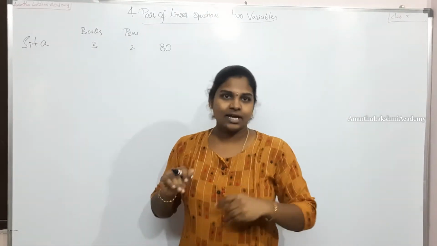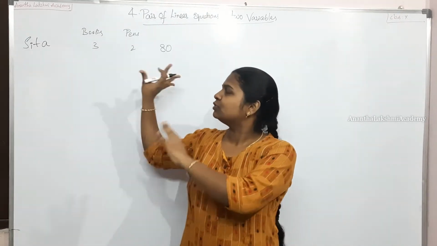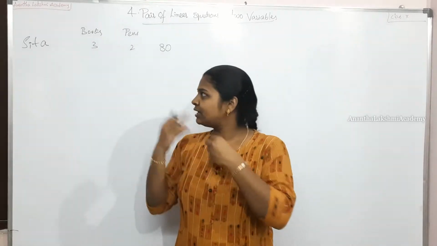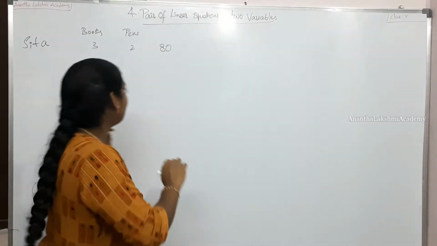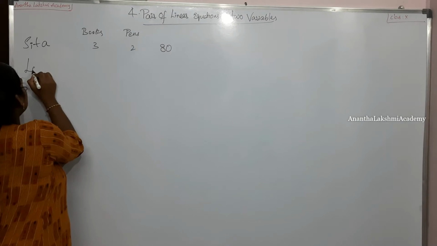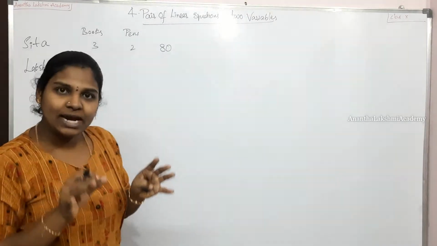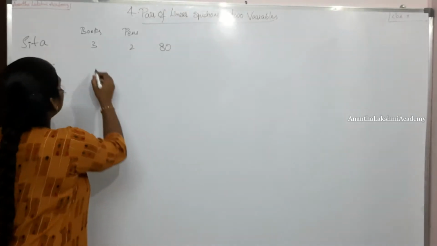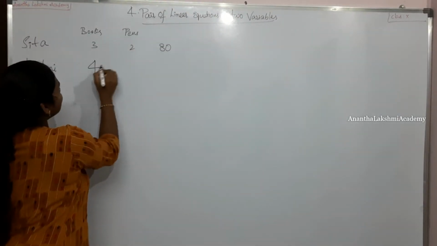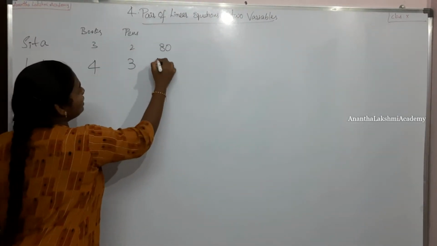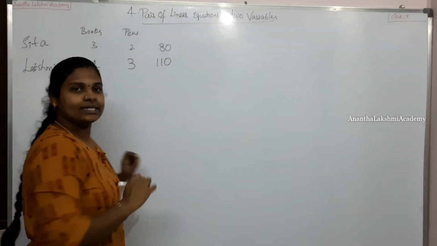Now when Sita came back to school with those books and pens, some friend of hers, let us call her Lakshmi, was impressed with those books a lot, and she also wanted to have the same kind of books and pens. So what did she do? She bought 4 books and 3 pens for a total of 110 rupees.